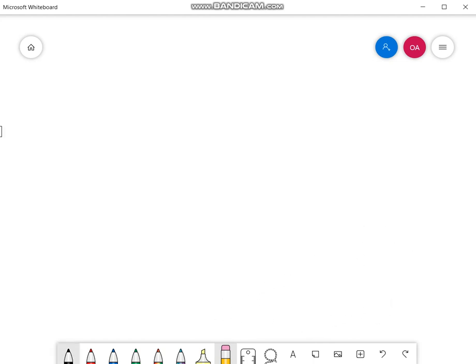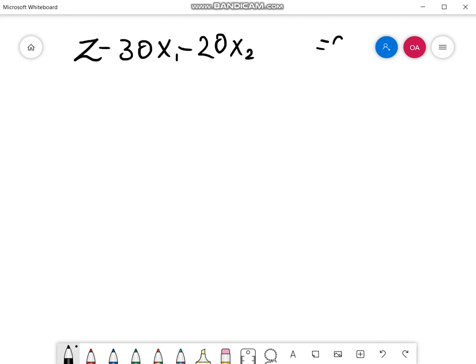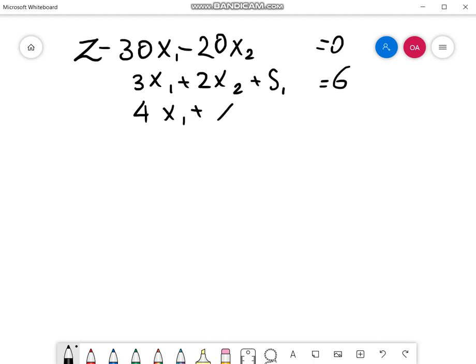So then we will rewrite the equations again. This is z minus 30x1 minus 20x2, which is equal to 0. Then we have 3x1 plus 2x2 plus s1 equals 6, and 4x1 plus x2 plus s2 equals 4. So let's see the format for our tableau. Different references use different formats.